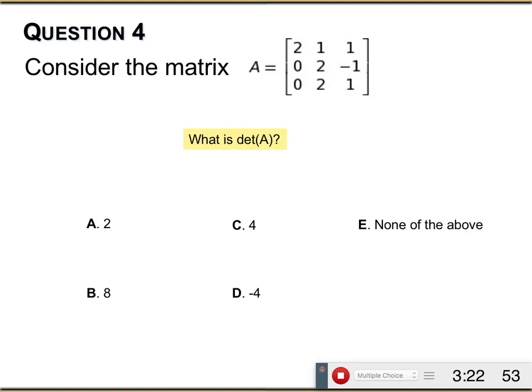Okay, we got most of them here. We'll give it another 30 seconds. Okay, last call.